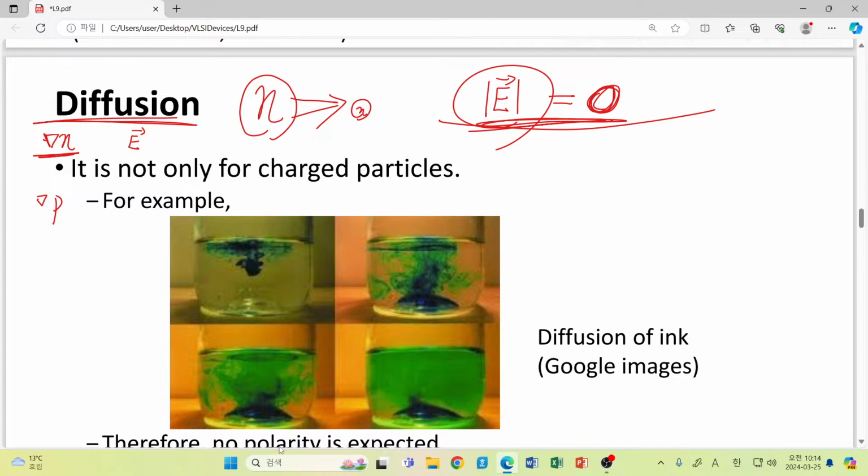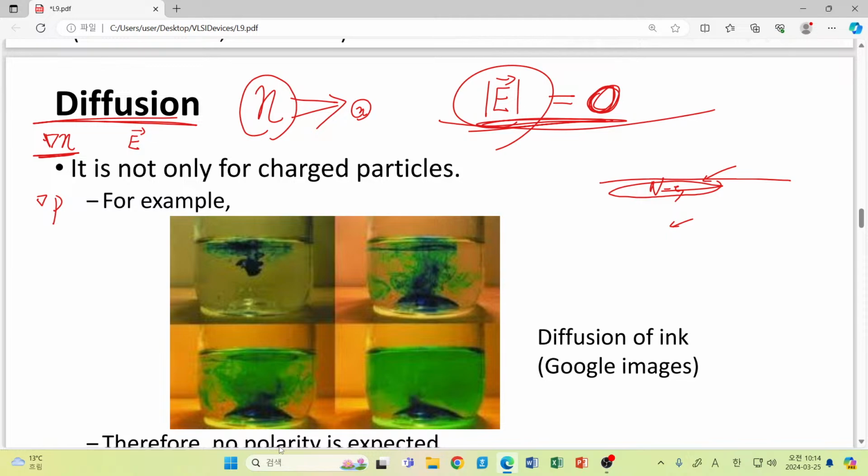How can you make this non-uniformity? It is quite simple. If you dope this part highly with n-type dopant, then you will have so many electrons. And here you have not so many electrons, then there will be a certain diffusion mechanism. So that is not that difficult.